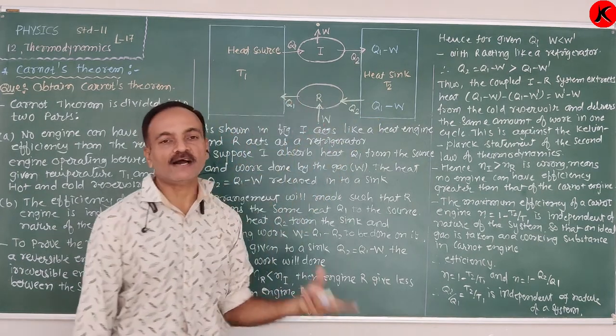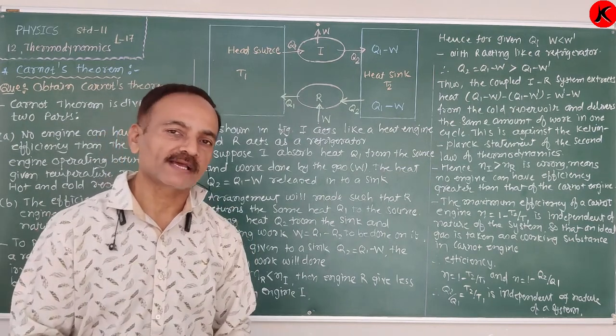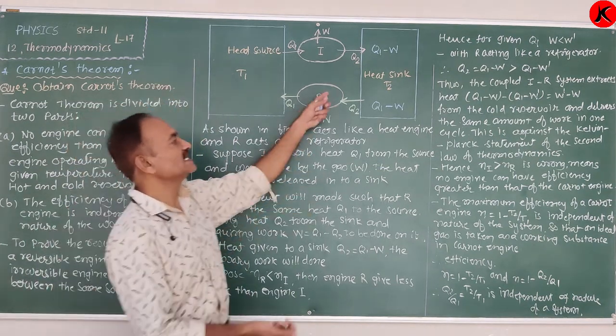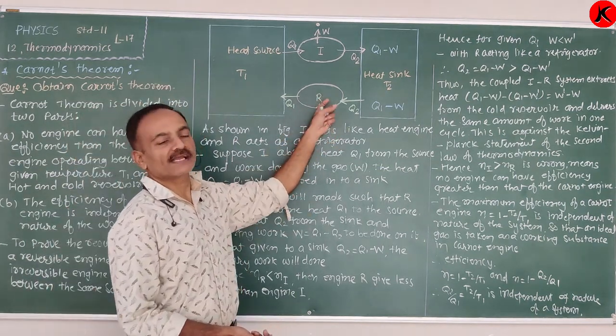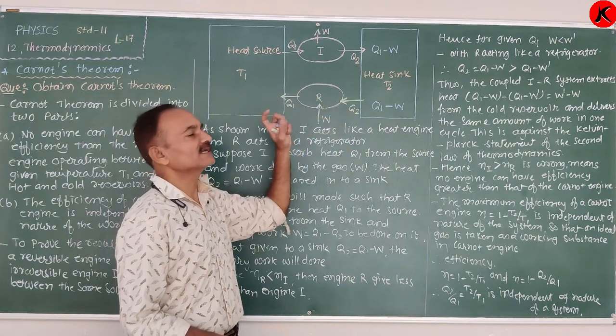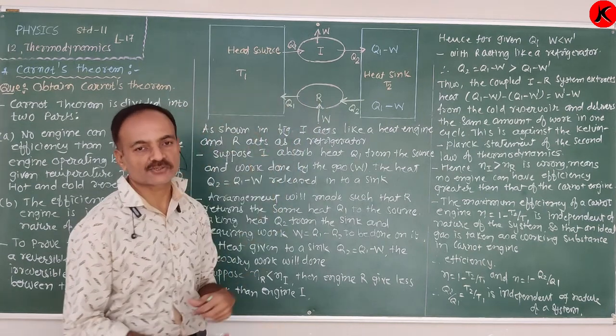W is the work done on the gas to absorb the Q2 amount of heat. Therefore, Q2 plus W heat is released as Q1 to the heat source.